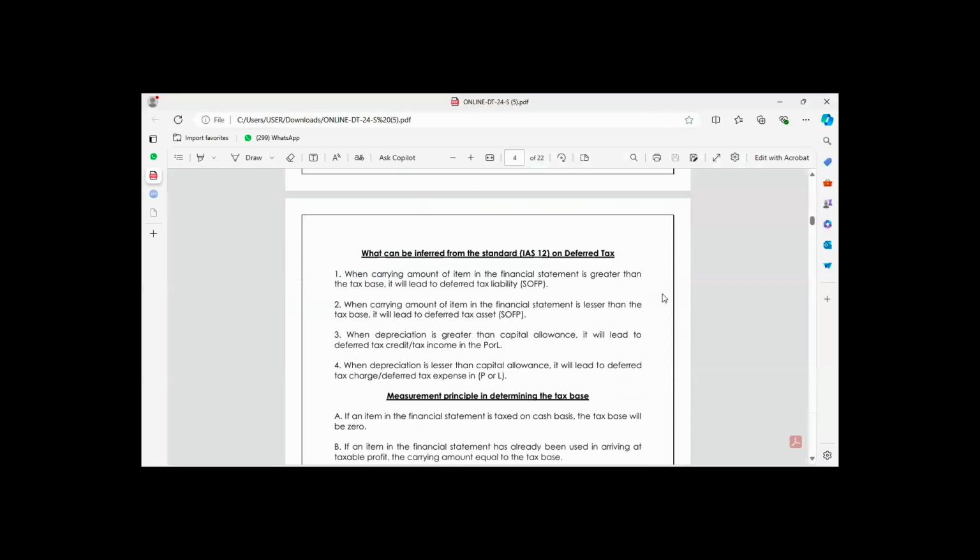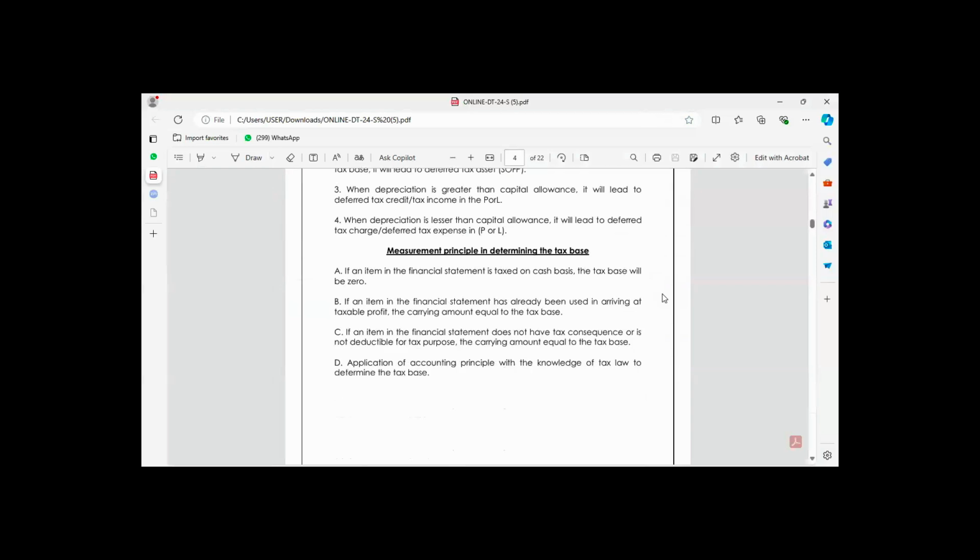Look here. I think it's simple. Measurement principles in determining tax base. Another way the thing can come is just about eight ways. 68,750, good, you are correct.